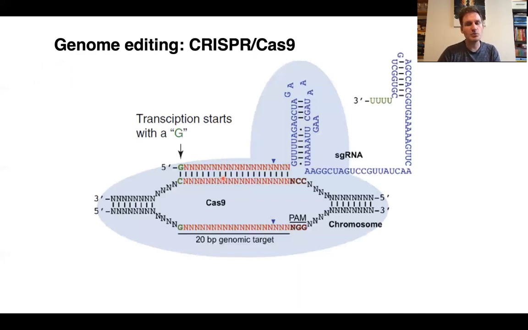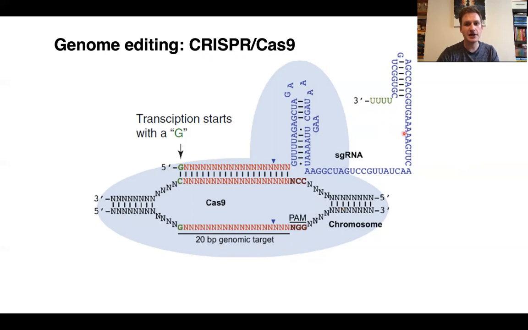So the most common way of doing this is with the CRISPR-Cas9 system. So CRISPR is a RNA sequence, and Cas9 is a protein. And here in this picture, you can see both of them. So the CRISPR is the RNA, which you can see was represented by all these letters.